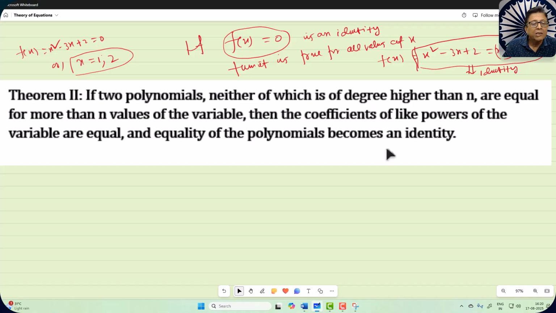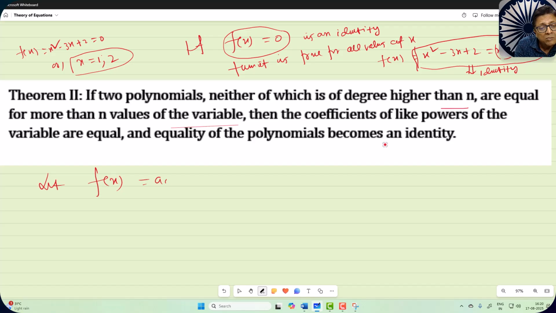Okay? Now in our theorem, if two polynomials, neither of which has degree higher than n, are equal for more than n values of the variable. So you take two polynomials as f(x) and g(x).